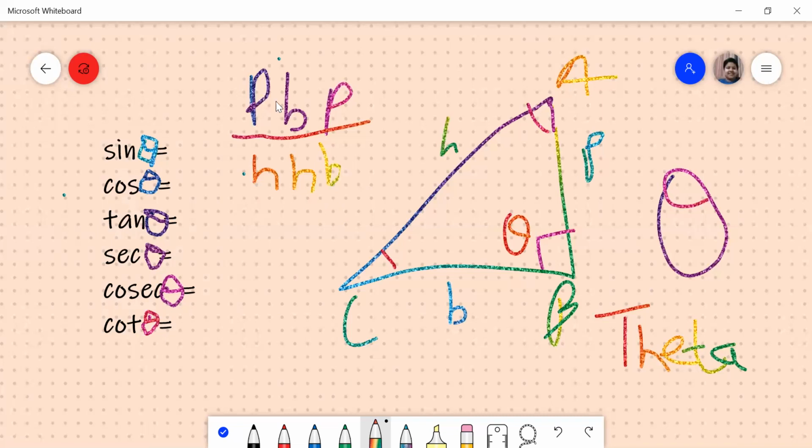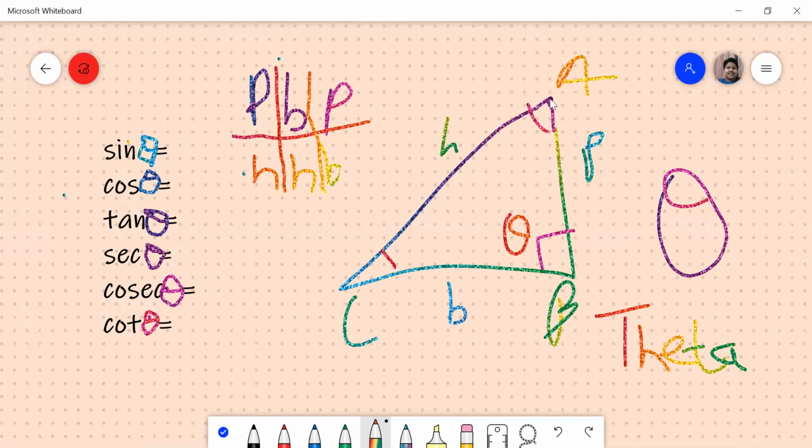Yeah. So if you all didn't understand what I wrote here, this and this. So P by H will be the formula of sine theta. What is P by H?